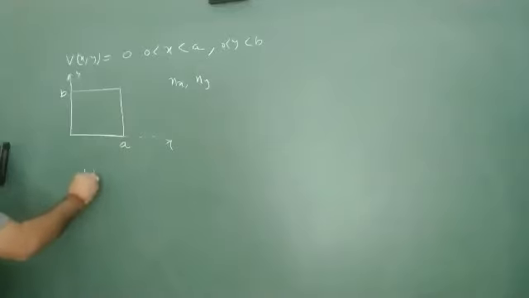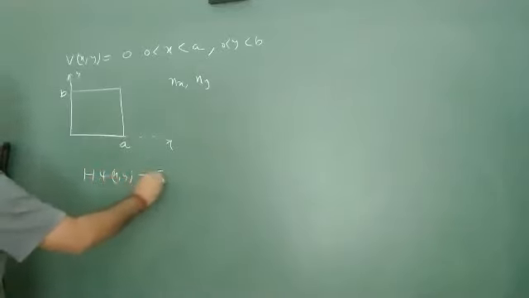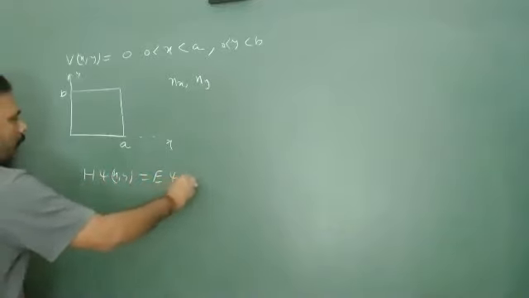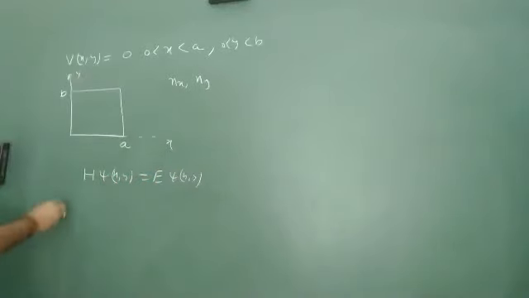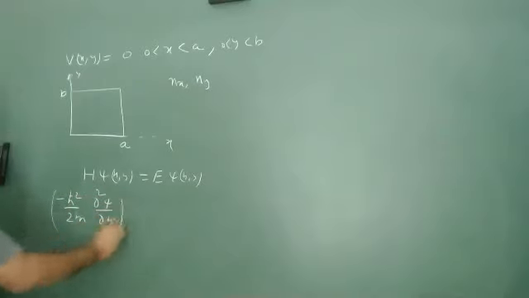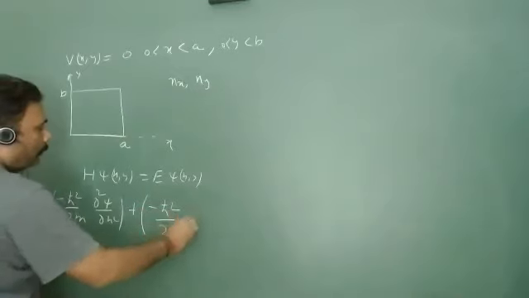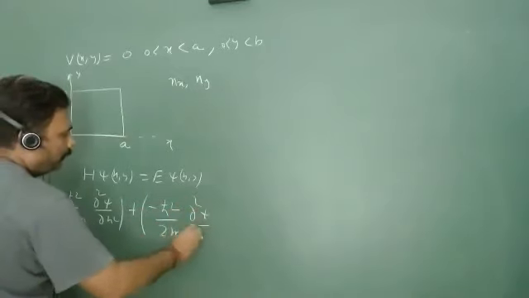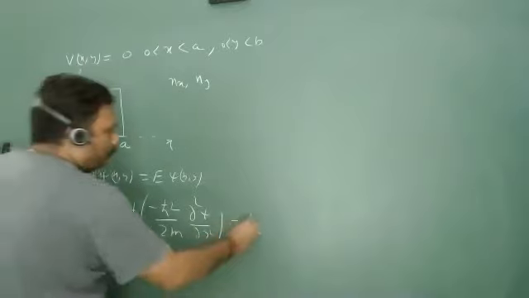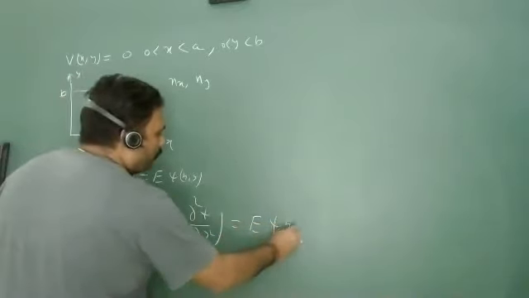What will you solve? Hψ(x,y) = Eψ(x,y). And what is H here? It is −ħ²/2m ∂²/∂x² plus −ħ²/2m ∂²ψ/∂y² equal to Eψ(x,y).